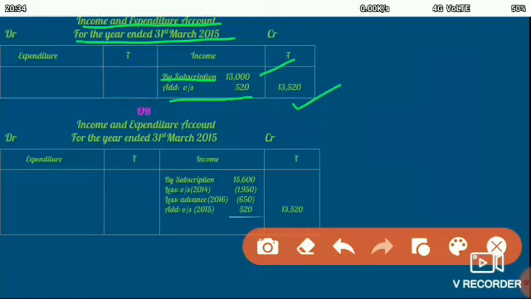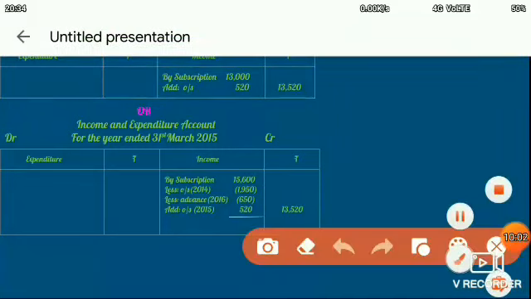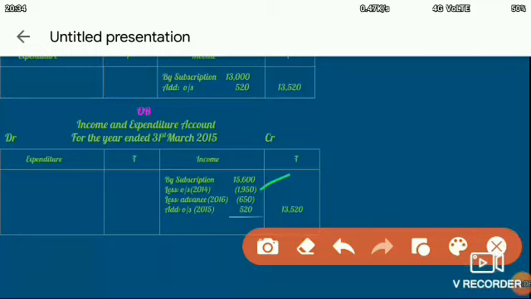Now if we take the total amount from the receipts and payments account, then we can show it like this. By subscription, the total amount is 15,600. We have to deduct 1,950 because this amount is included in 15,600, which actually belongs to the previous year. Then we have to deduct 650, which is an advance for the next year, and it is in this amount of 15,600.